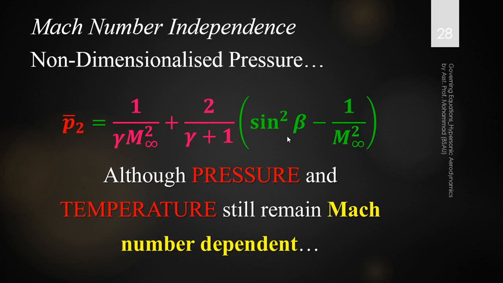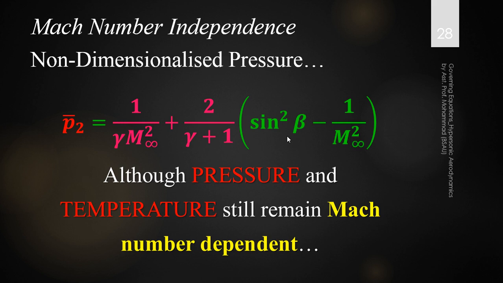Now here we can have a little extra information on why we deal with non-dimensional parameters. In the case of dimensional parameters, temperature normally we are not dealing with, because we are not dealing with the thermal effect right now, but the pressure will give a non-independent concept. Pressure will depend upon the Mach number, even if the Mach number is very, very high.